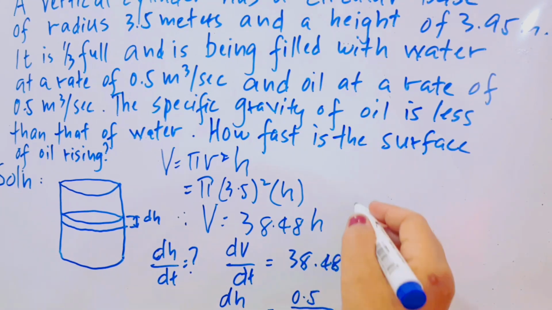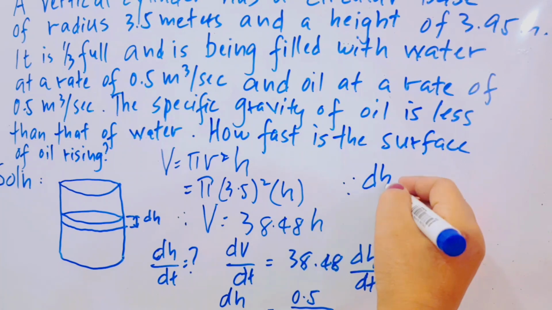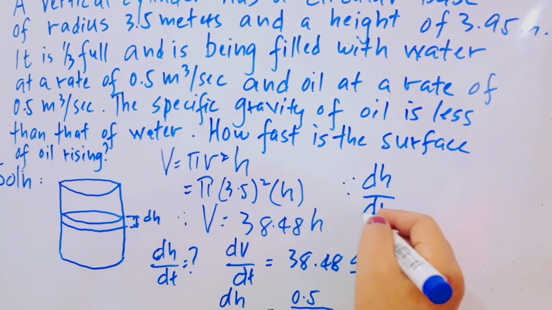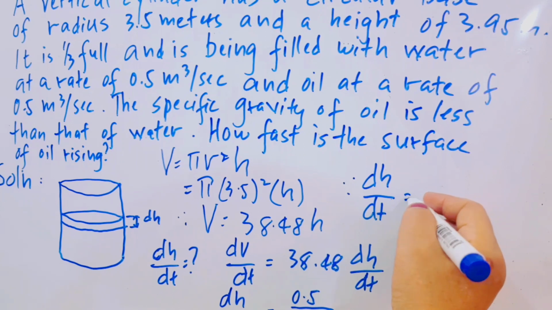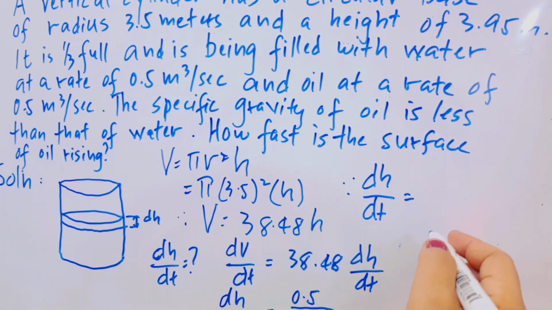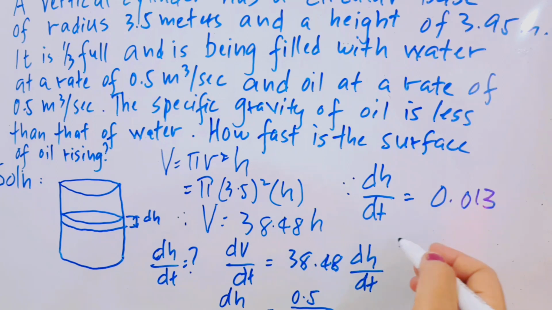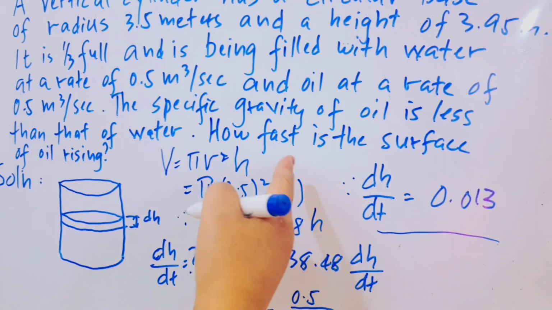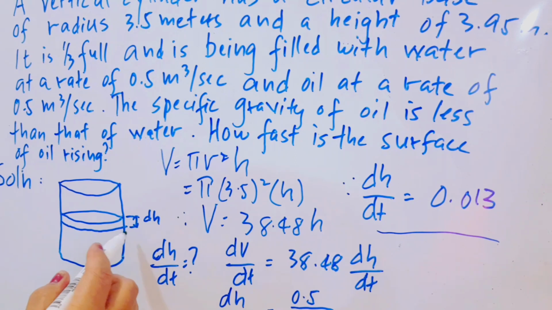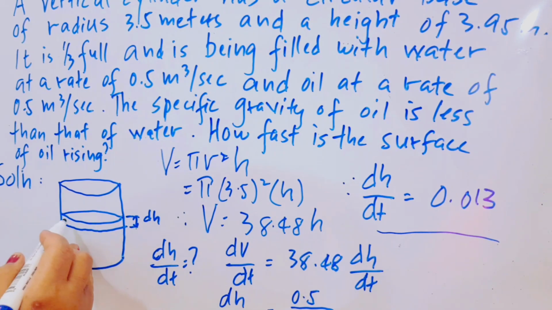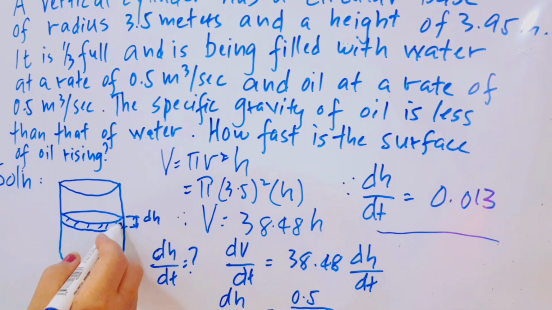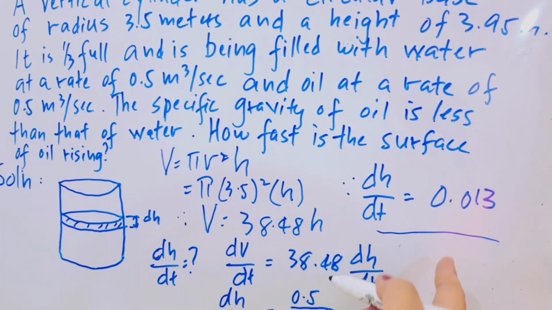Therefore, dh/dt is equal to 0.013. This is the one we're looking for: how fast is the surface of oil rising? So our answer is dh/dt is equal to 0.013.